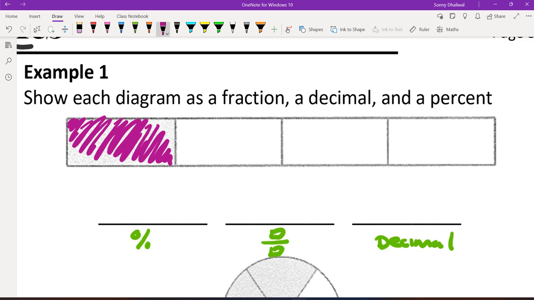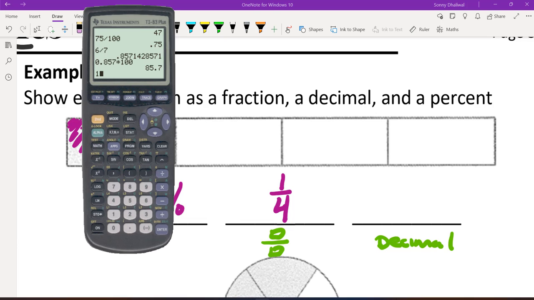Can somebody convert this to a percentage, a fraction, or a decimal? What do you think is easy to do? Percentage would be 25%. Anything else? 1 over 4. 1 is shaded out of 4. And decimal? 0.25. You go 1 divided by 4 on your calculator.